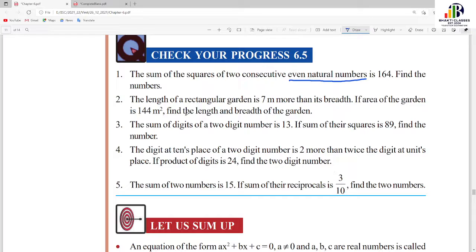If the area of the garden is 144 meters square, find the length and the breadth of the garden. So the length is more than the breadth. So we have to assume for breadth, and we will get the length by adding 7 in the breadth.